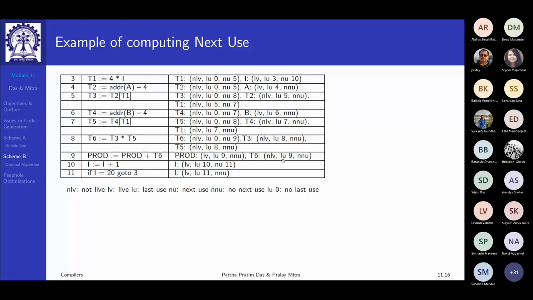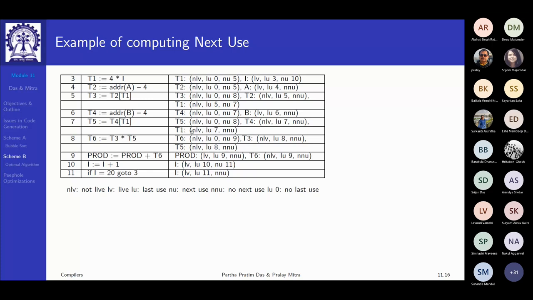So the next use of T6 is 9. T6 is defined at this point, so it does not have a last use. So last use is 0. And T3, T5 are used here, so their last use is 8, the current instruction. And all of them are temporary, so they are not live.